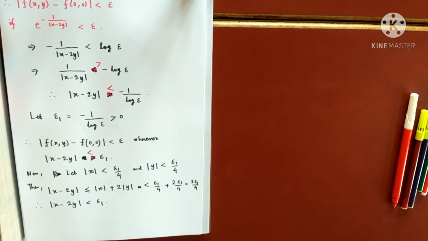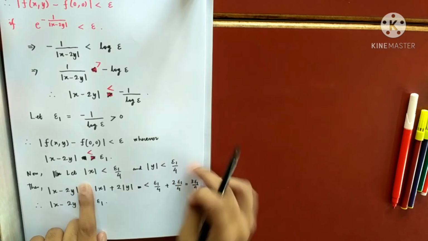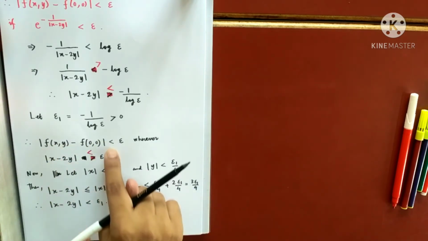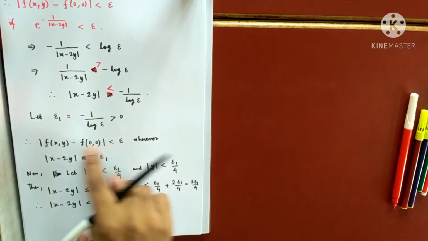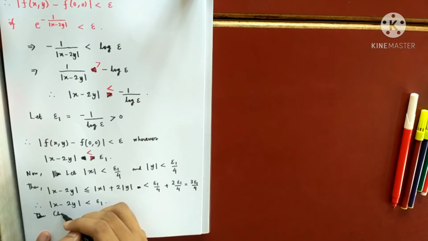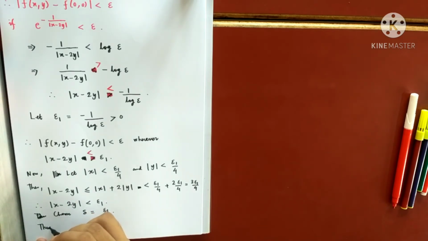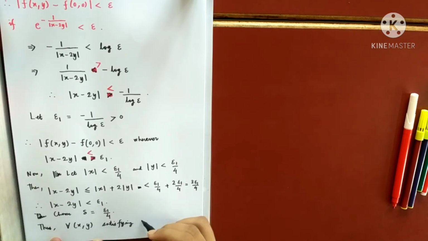So whenever I am choosing x and y from this neighborhood, this condition is satisfied, and whenever this condition is satisfied, this condition will be satisfied. So thus, I'll choose delta equal to epsilon 1 by 4. Thus, for all x comma y satisfying mod x less than delta and mod y less than delta, try to understand my point.